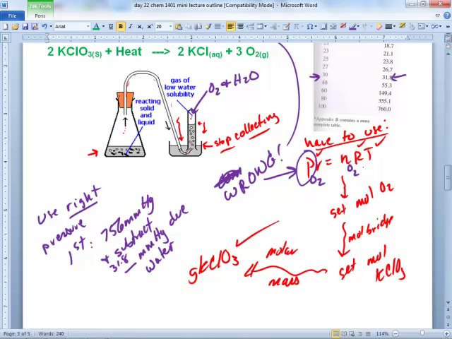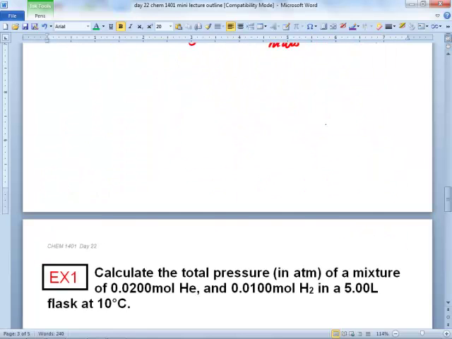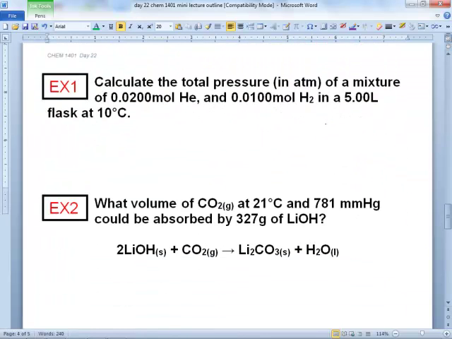It won't be right. To get that, take the total pressure, the 756, and subtract out the pressure due to water. And you don't memorize these pressures due to water. I have to give you the table. Okay? So that's the big game plan. Let's see if we can remember that when we get to it.